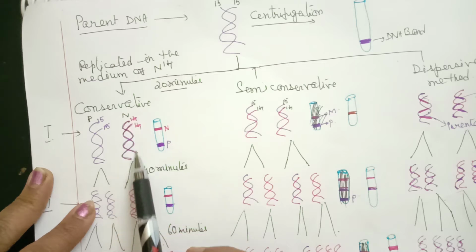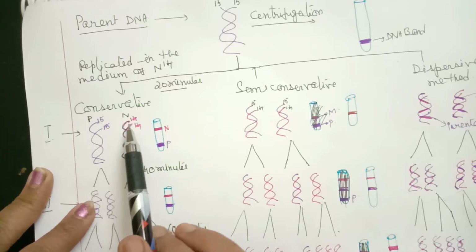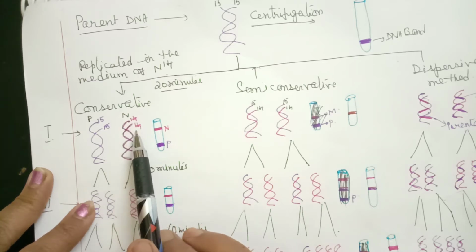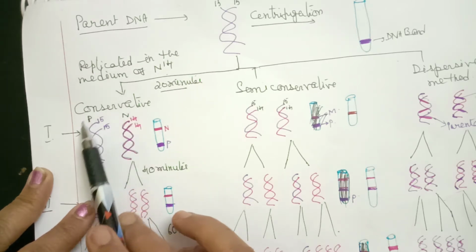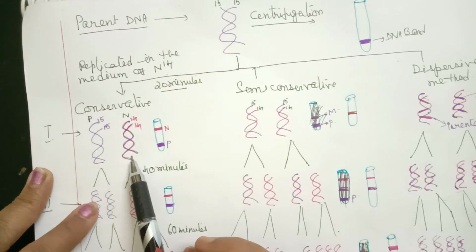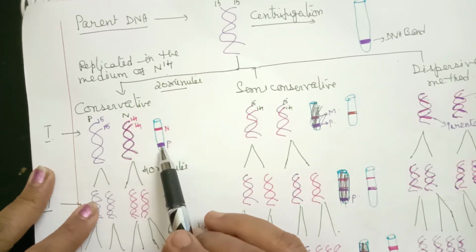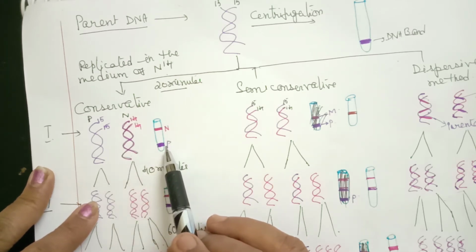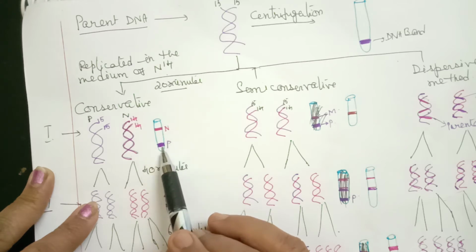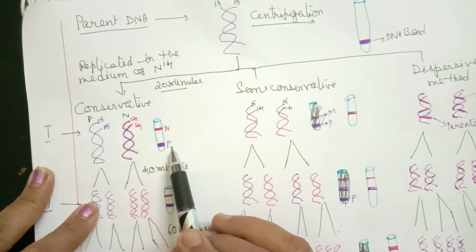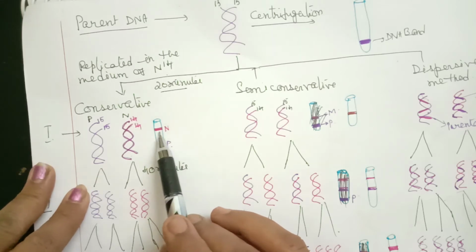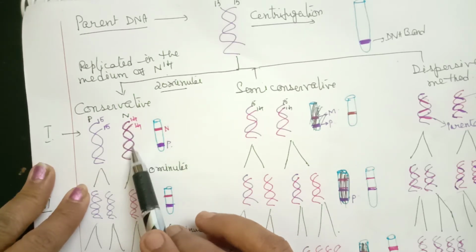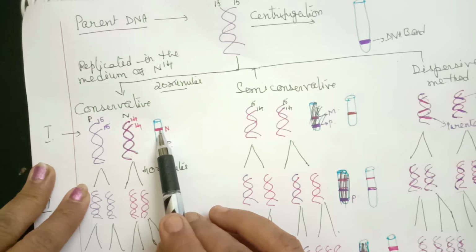Another DNA molecule is completely new, so both the strands will have N14. One is completely heavy, the other one is light. When such a DNA mixture is subjected to centrifugation, we get two bands, one at the base, which is the parental, and another one newly synthesized, which is completely light, so it will be at the top.